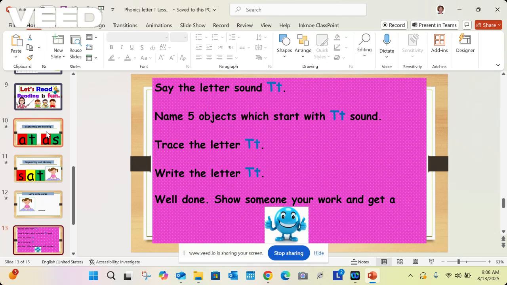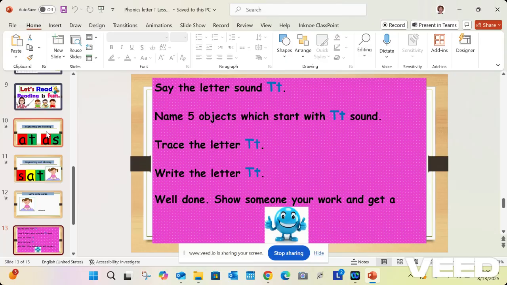Remember, we have so many things which start with the letter T sound. Can you give me one? Let's say you say tree. Okay, your number one, tree. What is your number two? Think of an object which start with the letter T sound. Good. Your number three. Yes.